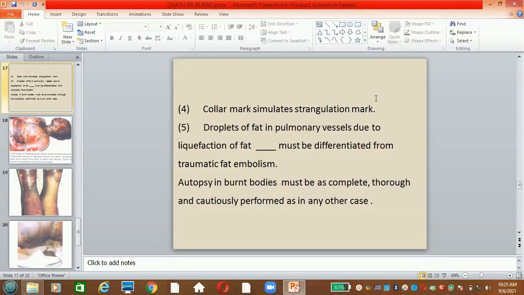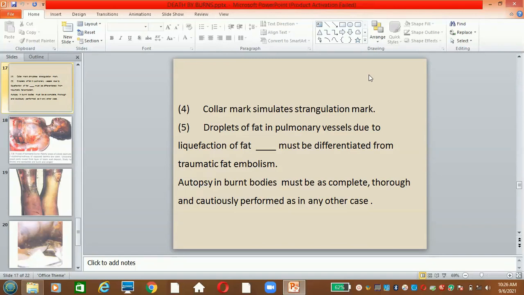Similarly, due to extreme heat, blood vessels get ruptured and liquefied droplets of subcutaneous fat are absorbed into circulation and reach the pulmonary vessels, and they lead to fat embolism.